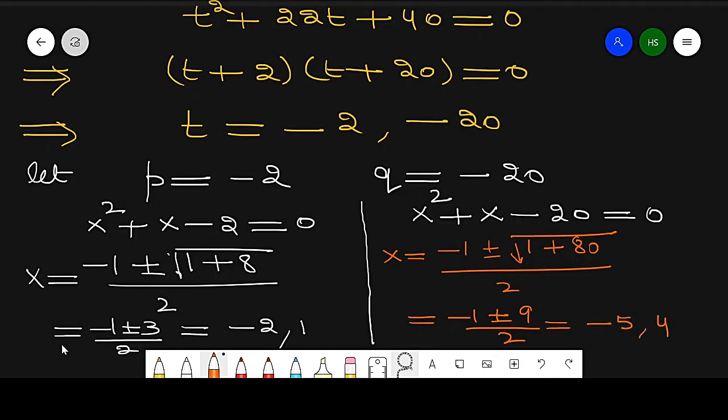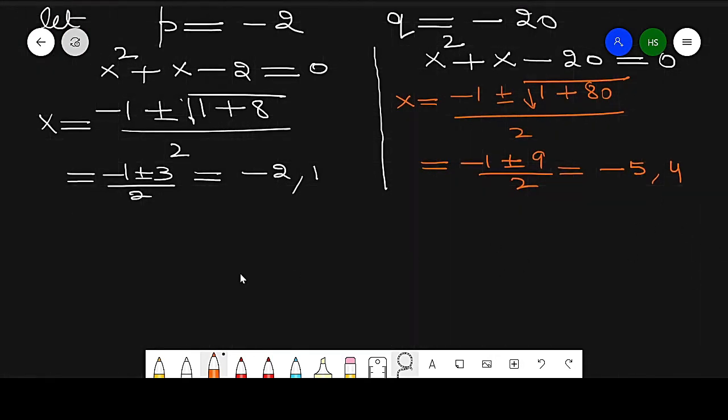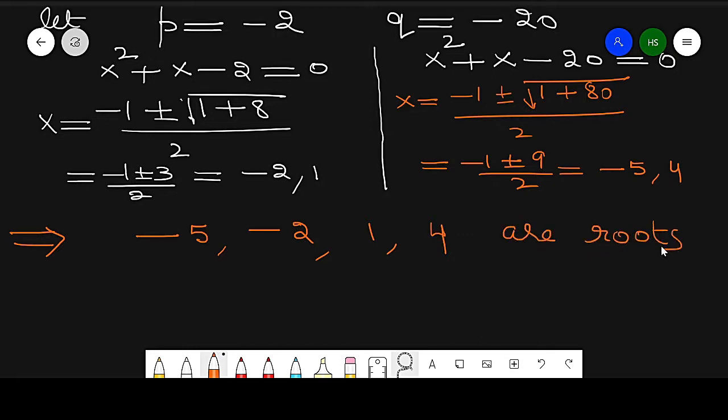So we get four roots, which are minus 5, minus 2, 1 and 4. So these are the roots of the given equation 1.